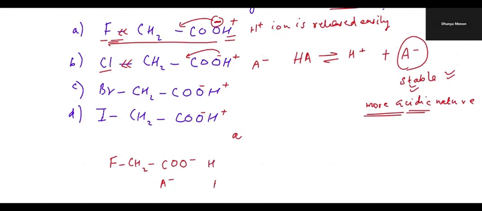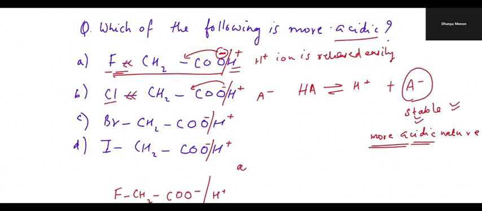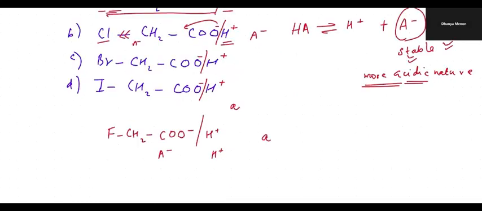Okay, I hope you can understand. So if this A minus ion is highly stable, that means it can remove this H plus ions easily and it is more acidic. So fluorine is highly electronegative, so it is more acidic. So the compound A is more acidic.